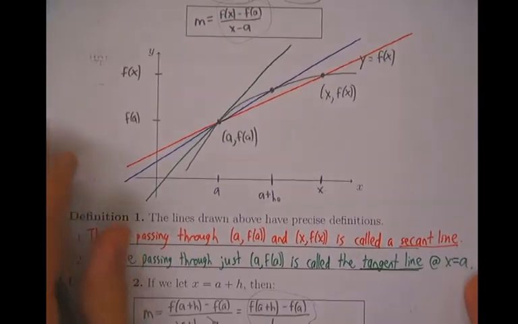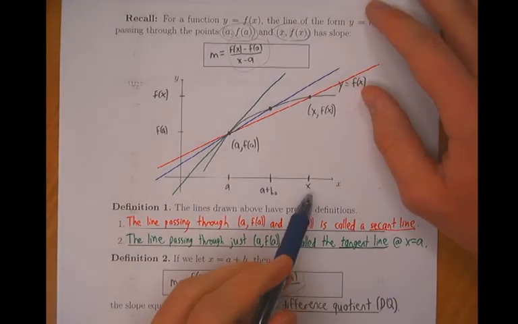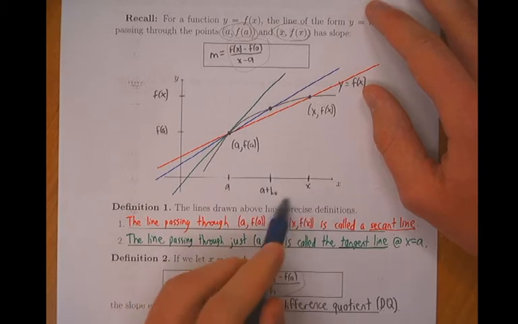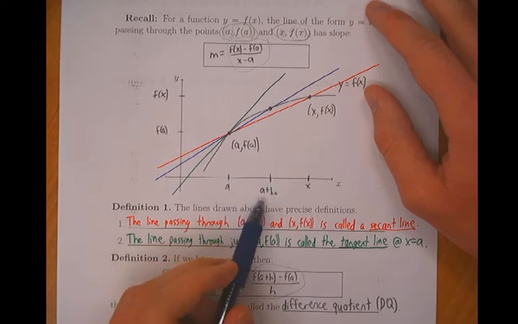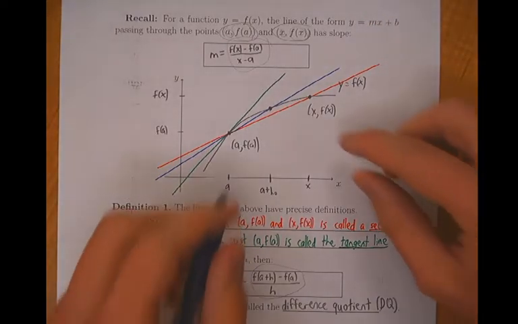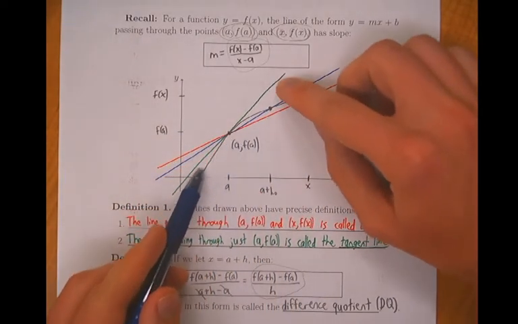If we let this x value get closer and closer to a, so the distance between them gets closer and closer to 0, then the secant lines get closer and closer to what would be the tangent line, right?